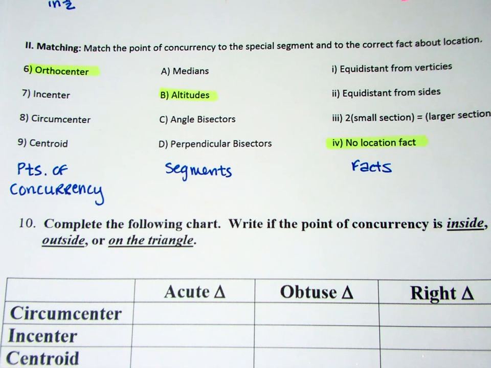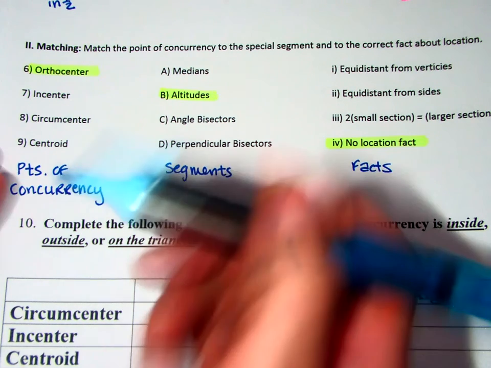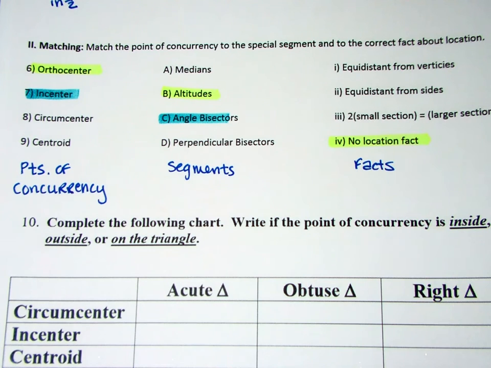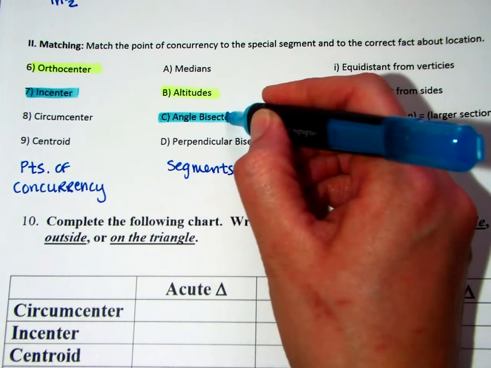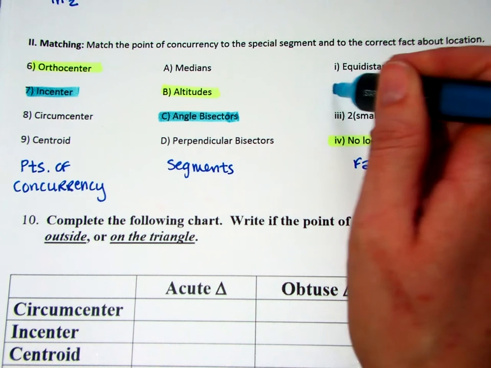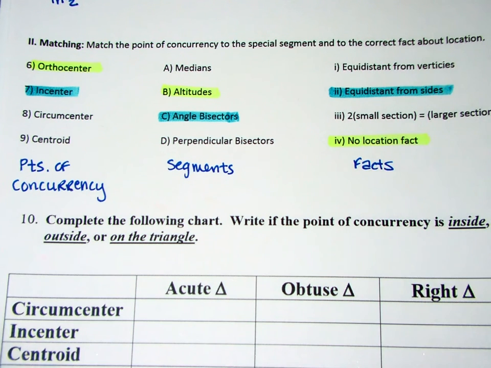The in-center corresponds to the angle bisectors. And the best way to know what is special about the angle bisectors is they create a circle inside of the triangle. So that means that the in-center is equidistant from the sides.